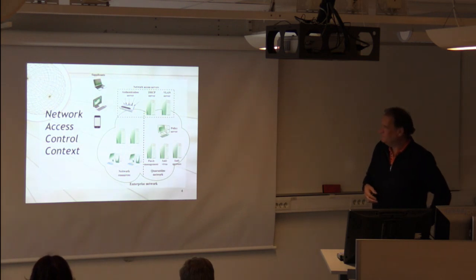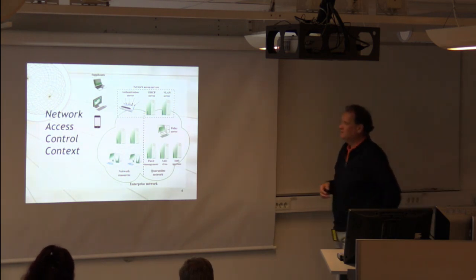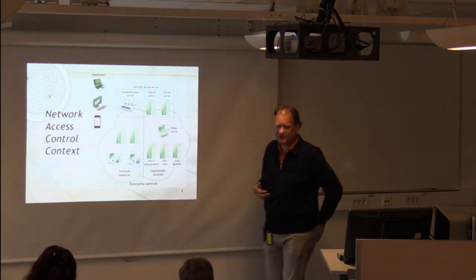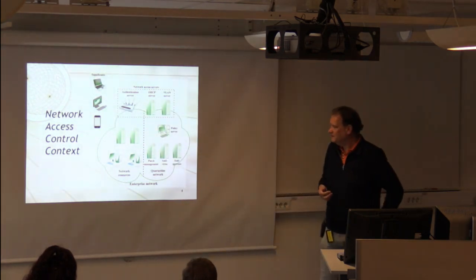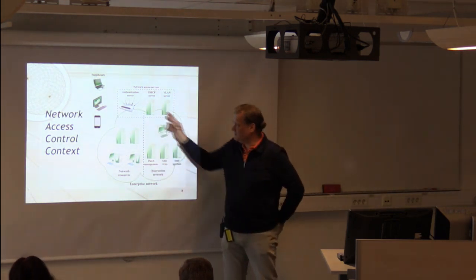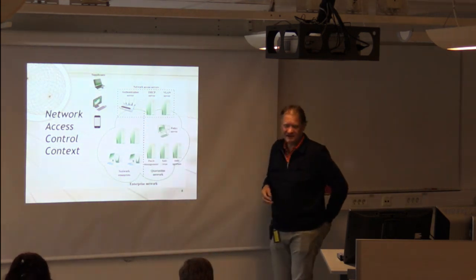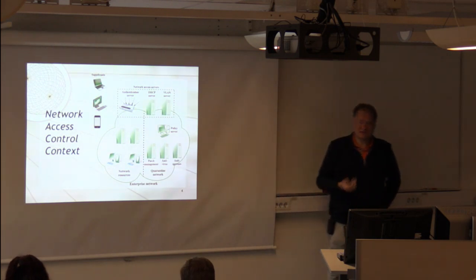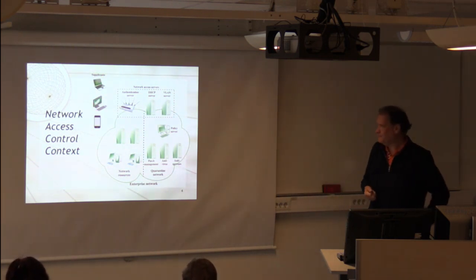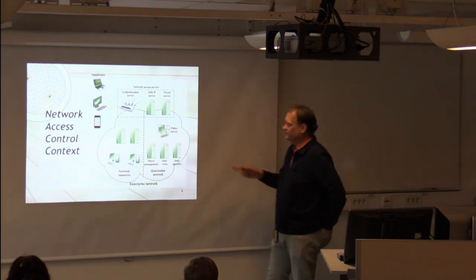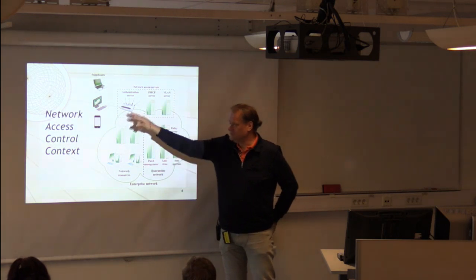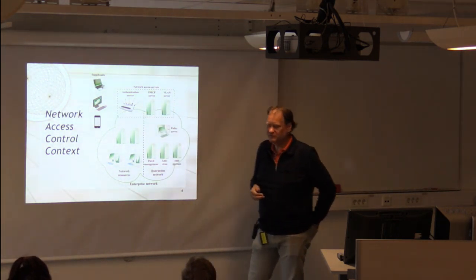So here we have a system then. We have a number of supplicants up here, or clients or access requesters. We have a network, and typically this network is divided into at least 2 different parts. Could be even more different parts here. And then we have the network access server, which is the point of connection then.